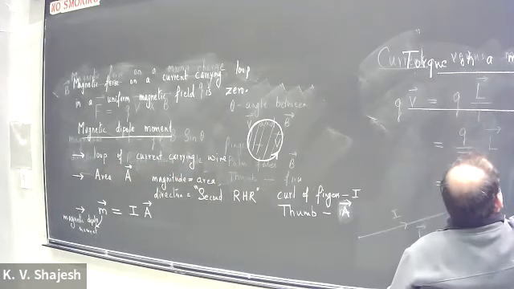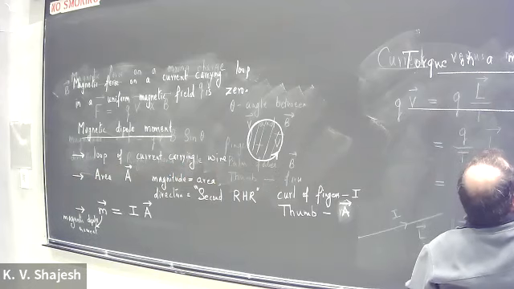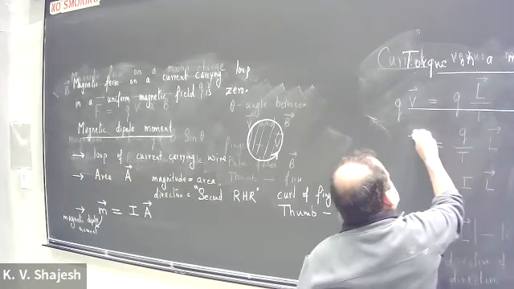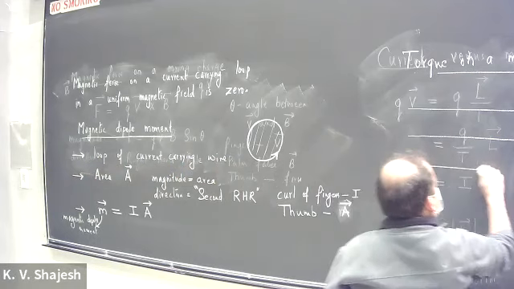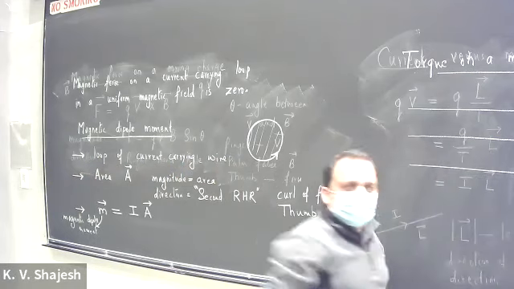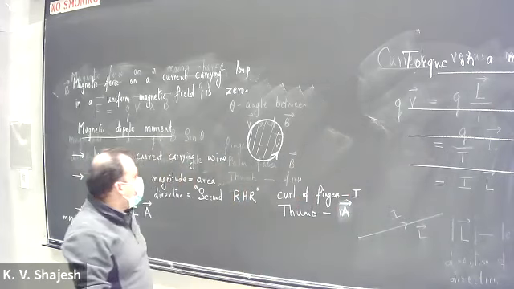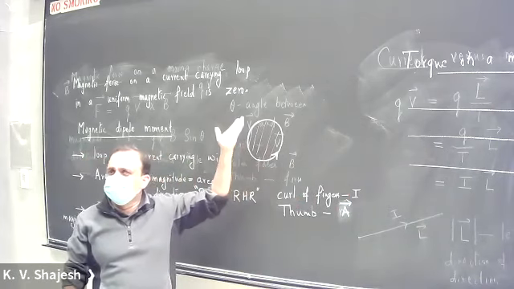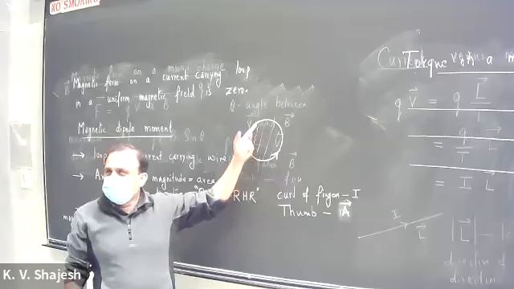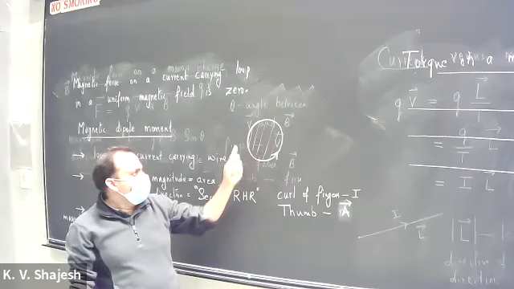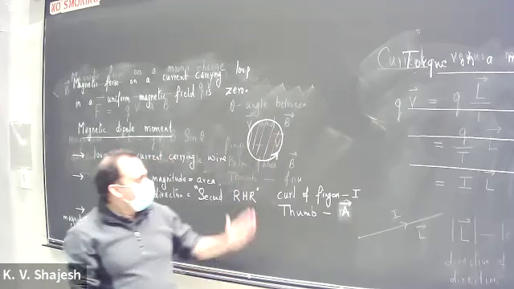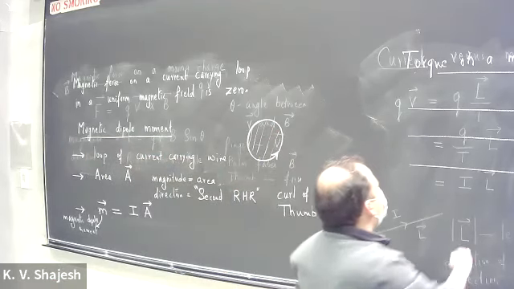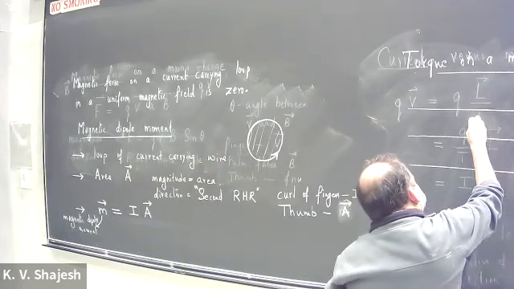Let's say this is your magnetic field. And let's say this loop that we are talking about is a circular loop. It could be having a square shape or a rectangular shape, doesn't matter. It has to have an area and it should be a closed loop. That's all that's needed.